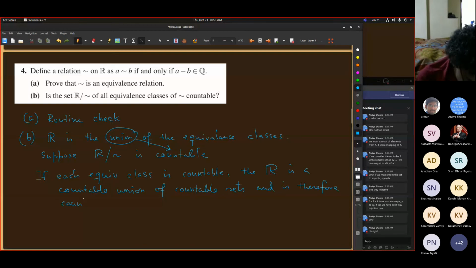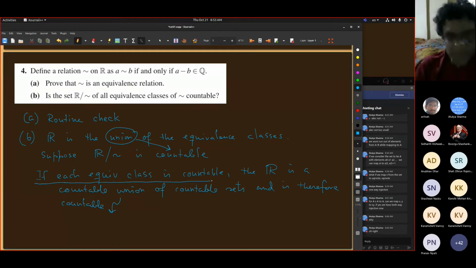And this is a contradiction already, but we have not yet established this thing. If this can be established, then the initial assumption that R by tilde is countable is false. So what about this? All of them will be equinumerous with the size of Q. Yes, right.